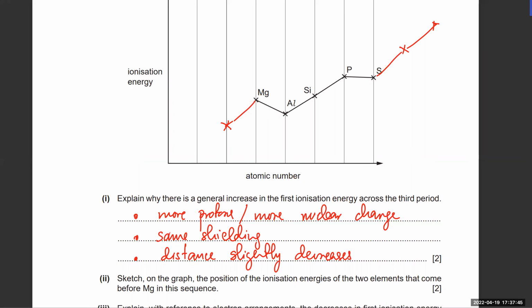They just called this proton and shielding. That's 1 mark, this whole thing. Distance, no marks given for that, but 1 mark for that statement. At the end, always write this statement. So because of all of this, there's greater attraction between nucleus and outer electrons. So make sure you always write this statement at the end.